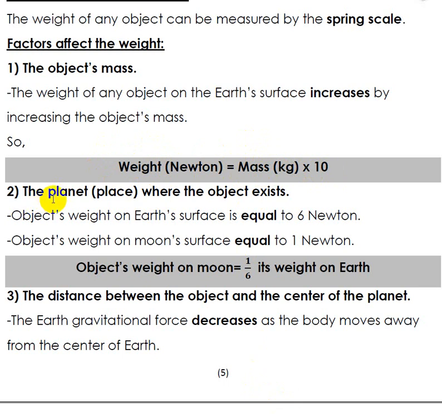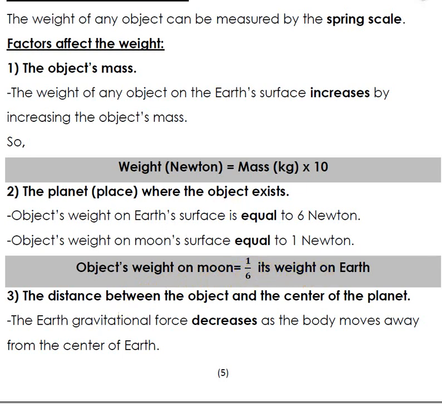Whatever the planet, the object's weight on Earth is equal to 6 Newton, so the object's weight on the Moon's surface is 1 Newton. In another way, we can say that the object's weight on the Moon is 1/6 of its weight on Earth.